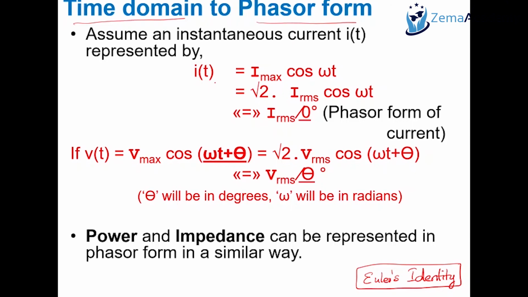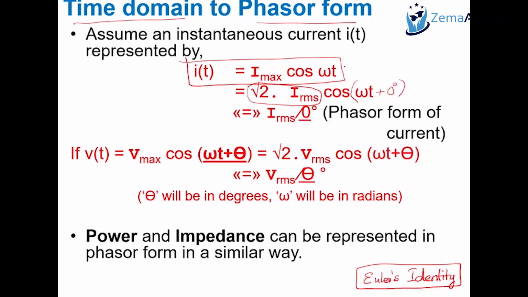So let's say you have a current in a time domain form, which is given here. It is I max cosine omega t, same as the voltage. We have V, a function of time, is V max cosine omega t. And we also know that I max is the same as root 2 times I RMS. When there is no other angle here, that means the phase shift is 0, or the current is actually starting on the origin of the y-axis.